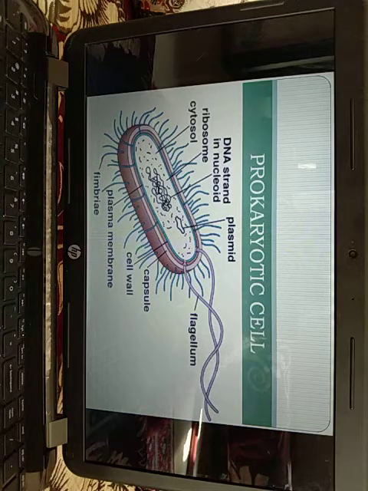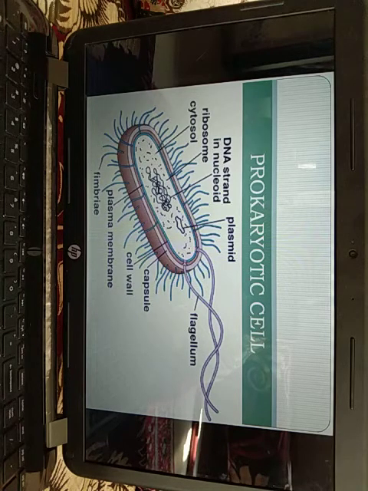Now, next we have the inclusion bodies. They are non-living structures present in the cytoplasm. The inclusion body may occur freely inside the cytoplasm, for example cyanophycean granules, volutin or phosphate granules, glycogen granules, or be covered by a 2 or 3 nanometer thick non-lipid non-unit protein membrane, for example gas vacuole, carboxysome, sulfur granules, PHB granules.